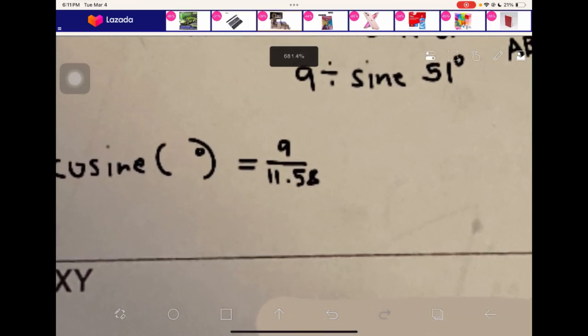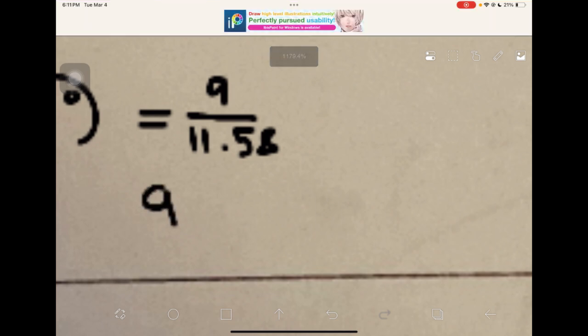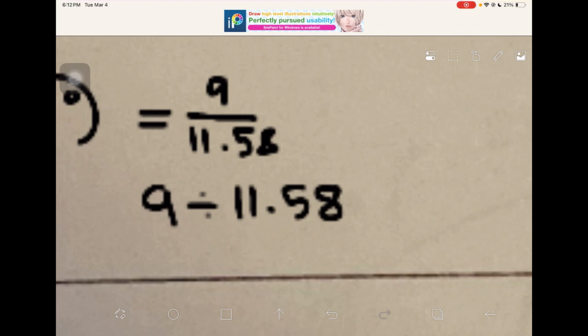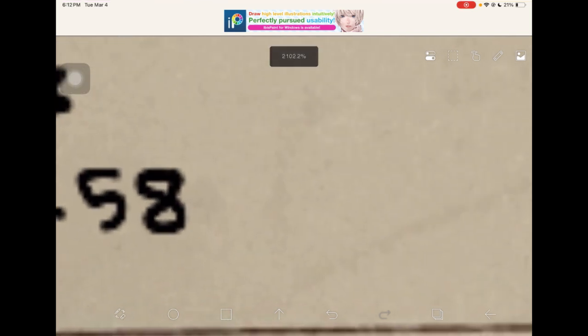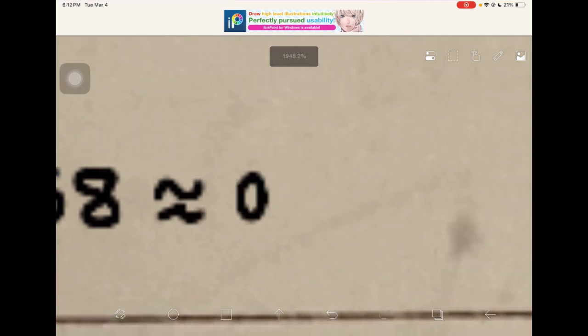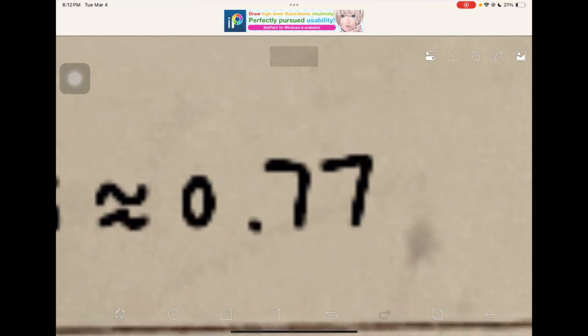Now we just need to do 9 divided by 11.58. Let's type that in our calculators. You get about 0.777, which is just 0.78.